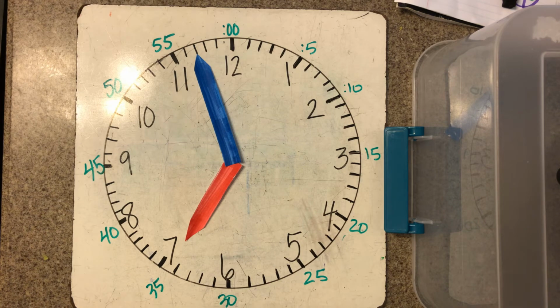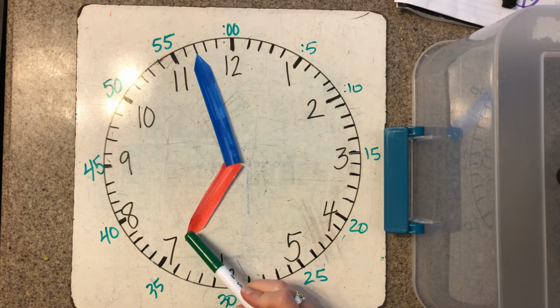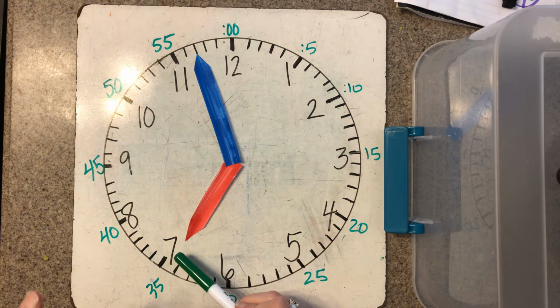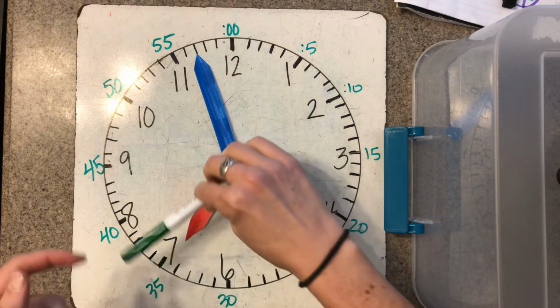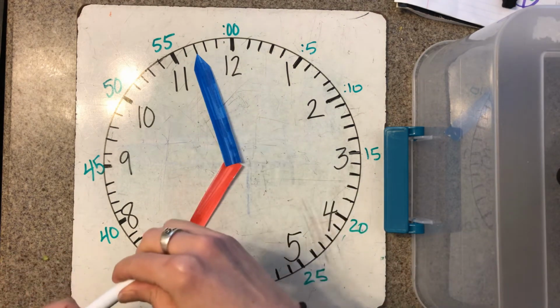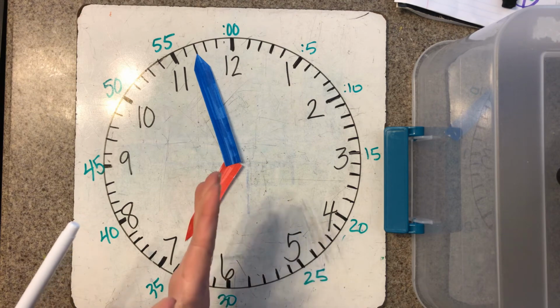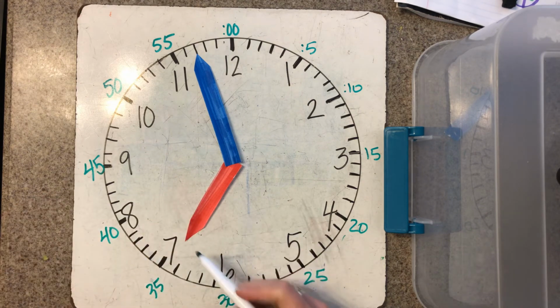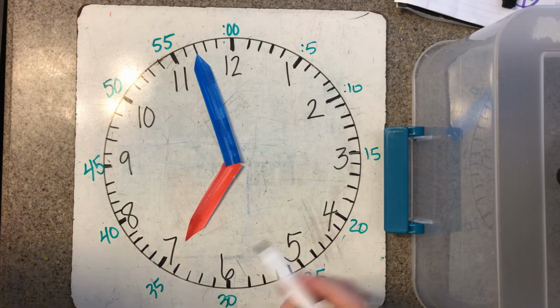Okay, now if we're starting with our hour first, this is one of those that can be a little tricky. It looks like the hour hand is on the 7, but remember, as the minute hand goes around the clock, the hour hand gets closer to the next hour. And we want to think about which one it is past. So the hour hand is actually past the 6.